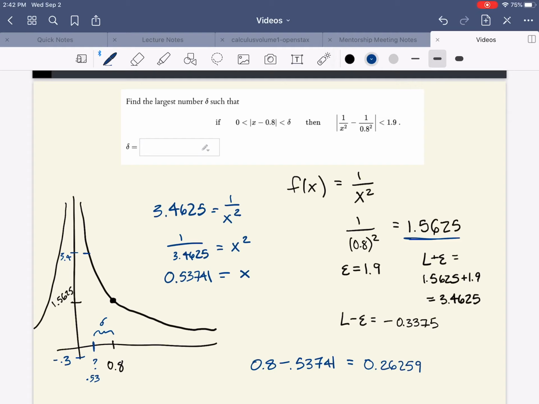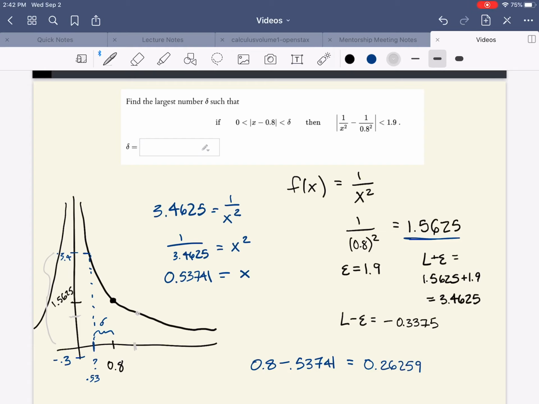Okay. So on the left-hand side, that distance will guarantee that my y value is within the right range, right? That I'm not leaving this part here. And so that's on the left side. On the right side, if I go out that distance, of course I'm fine. I'm still fine because I can never go negative, okay? So that's going to be the largest value of delta.